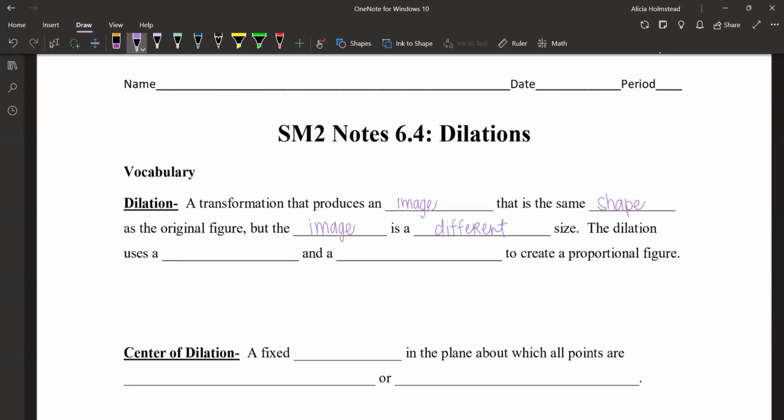The dilation uses a center of dilation, which we'll define here in a second, and a scale factor to create a proportional figure. So essentially what a dilation does is it takes an image and is going to make it bigger or smaller.